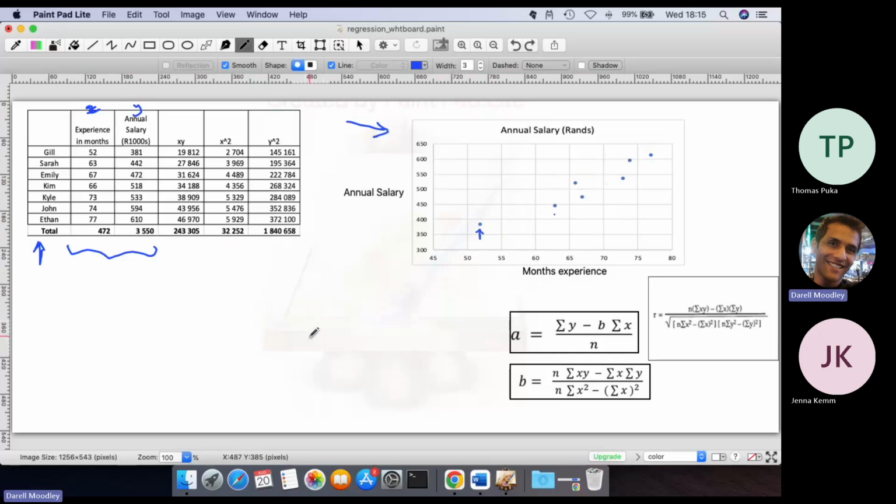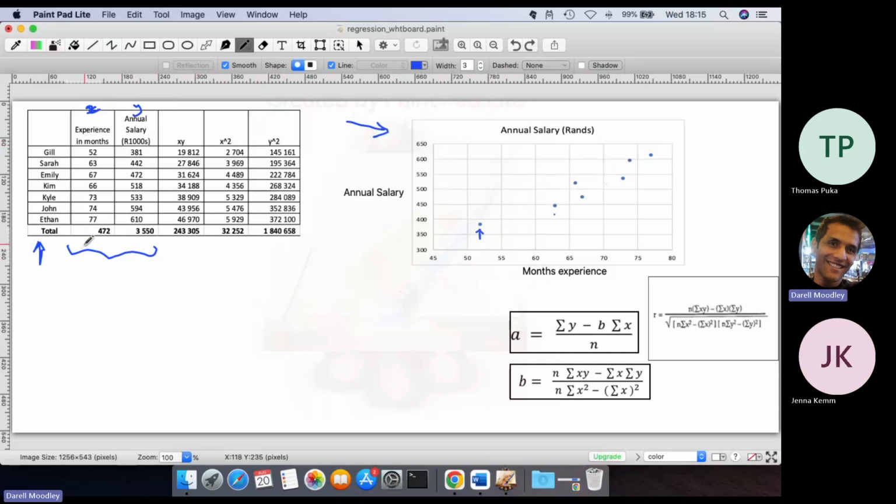But it's not the other way around. It's not that your salary affects your experience. So whichever one is being influenced by the other variable, that is your y variable. So in other words, your salary is being influenced by your experience. So that means x is the experience and y is your annual salary.